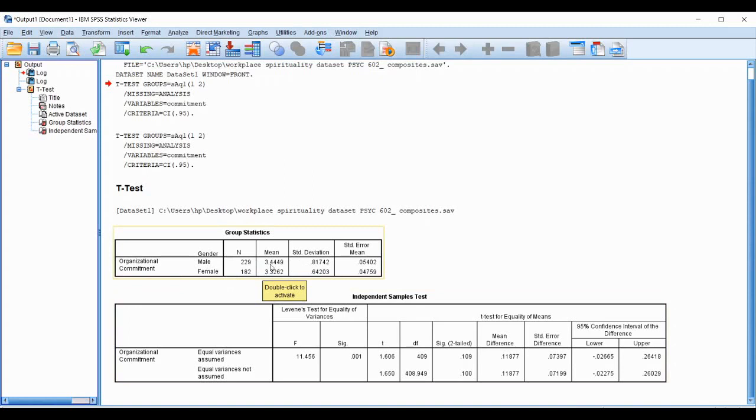Even though the first table is telling you that the mean differences are not equal, you could see males had a higher mean than females, the second table is telling you that this difference is not significant. That's how you do your interpretation. So our final interpretation will be that there is no statistically significant difference among males and females in terms of organizational commitment.